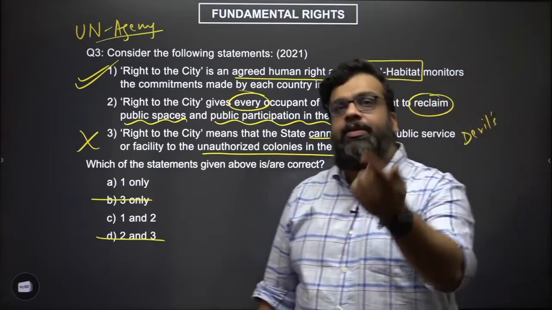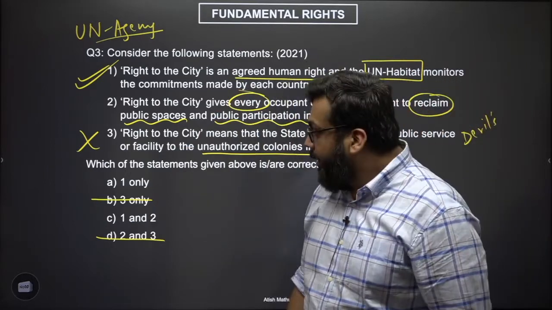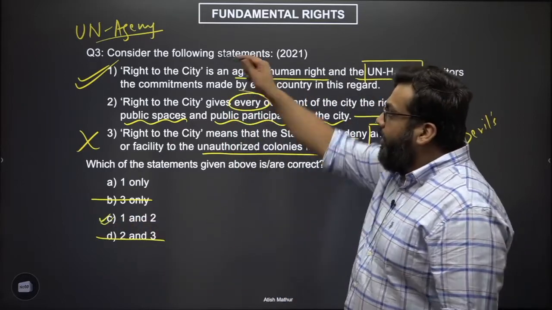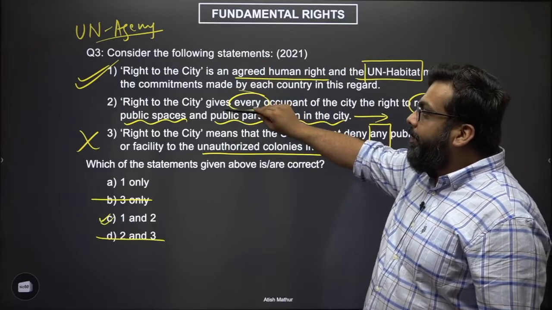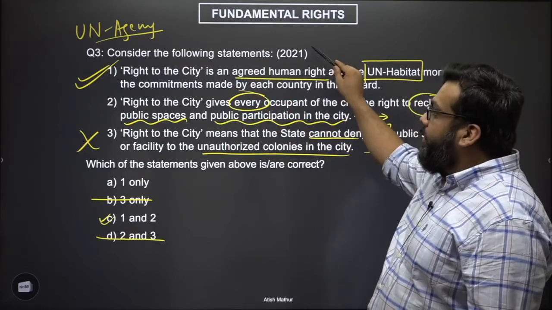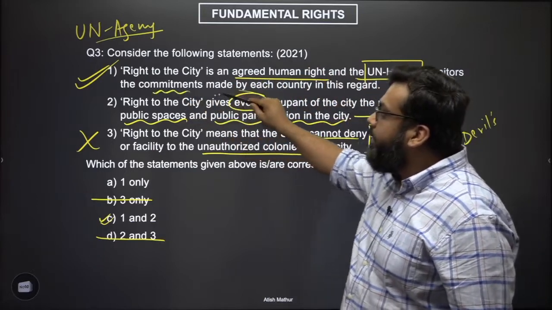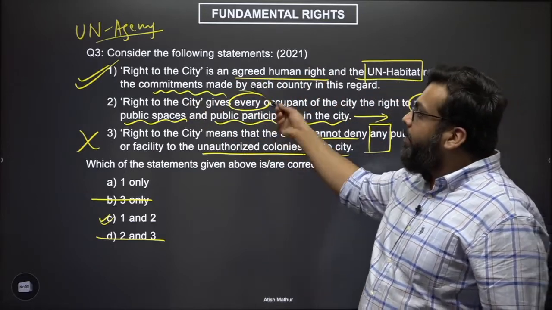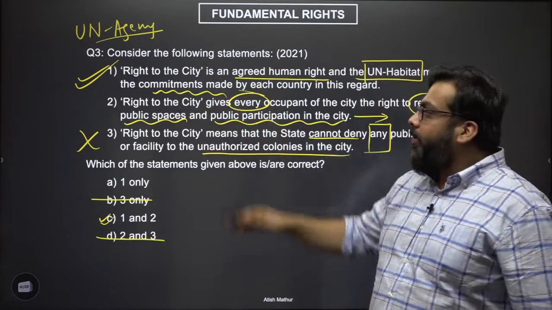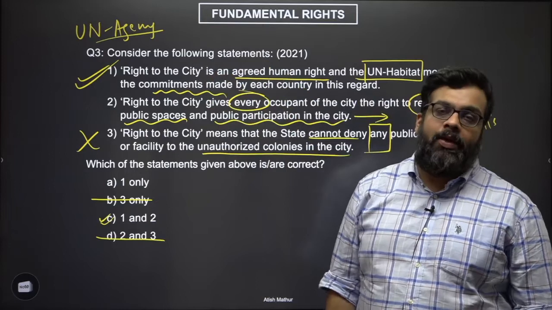So if you have to take an elimination guess, then you should look at option number C, because it seems like they are complementary to the nature. This organization is supposed to monitor the commitments. Does not mean every nation has to provide the same degree of rights which are mentioned in the right to city document.